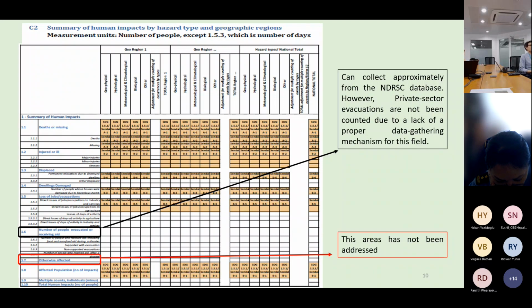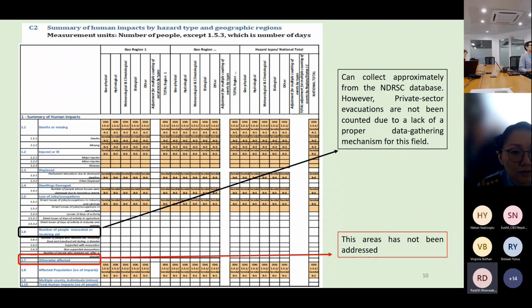Number of people evacuated who received aid. This data can also be collected approximately from the NDRSC database. However, private sector evacuations are not being counted due to the lack of a proper data gathering mechanism for this field, so it is difficult to collect the accurate number, but more than 75 to 80% we can collect.